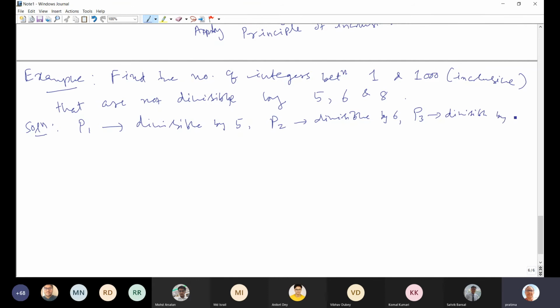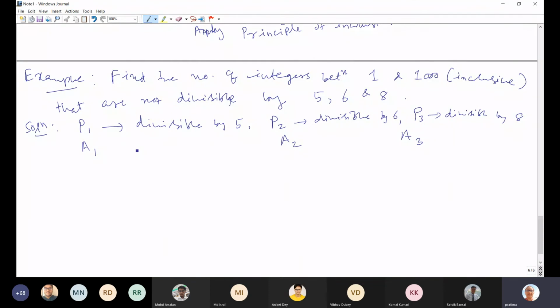Similarly, the corresponding sets you will take are A1, A2, A3. A1 means the set of numbers which satisfy property P1, that is, the set divisible by 5. Understand these sets A1, A2, A3.